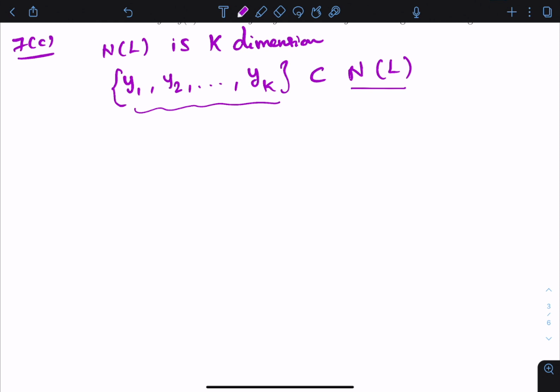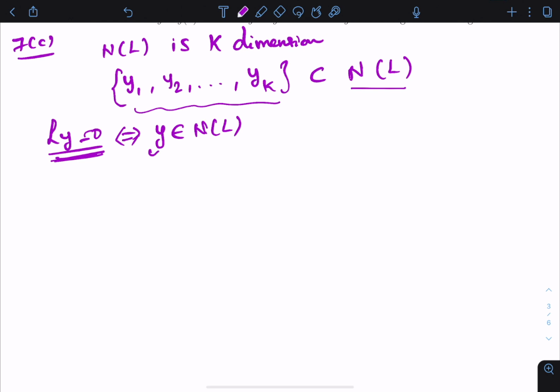But what does general solution mean? How does any general solution of Ly equal to 0 look like? If y is such that Ly equal to 0, you know that y belongs to NL. So asking for a general solution of Ly equal to 0 is the same as asking what is the general form of any element of NL. And if it's k dimensional, any element of NL should be a linear combination of these k basis elements.